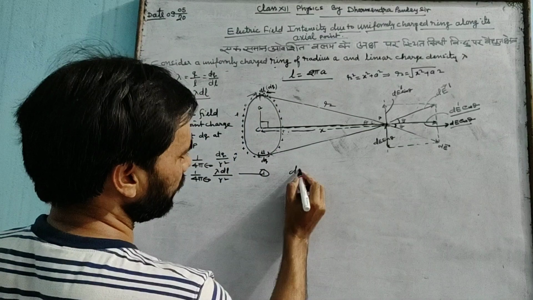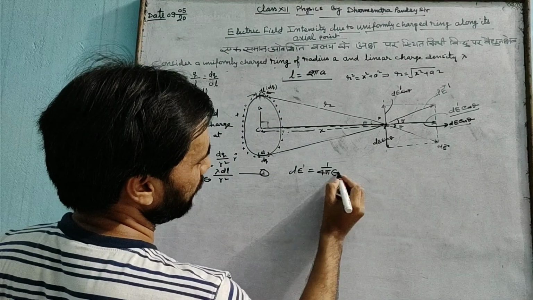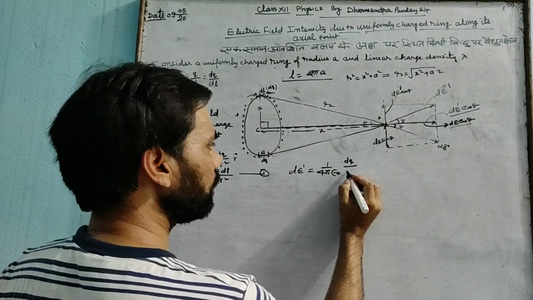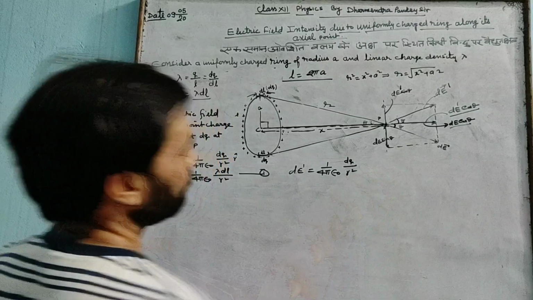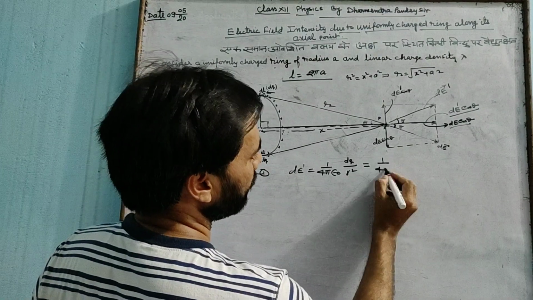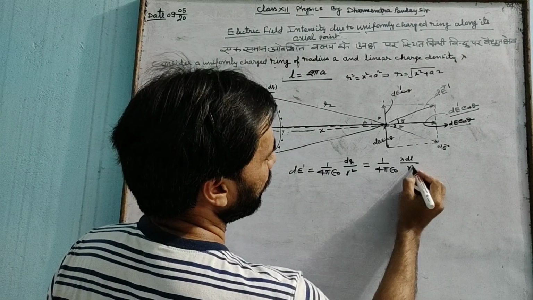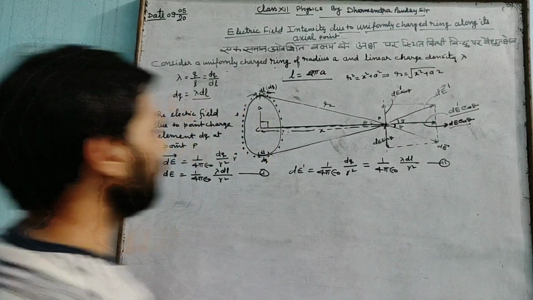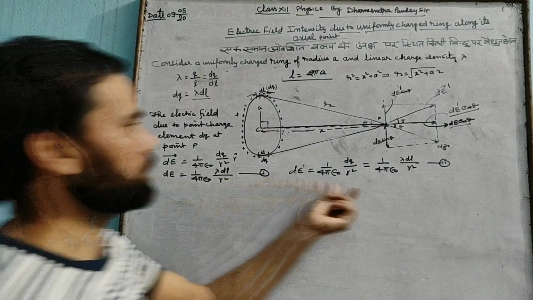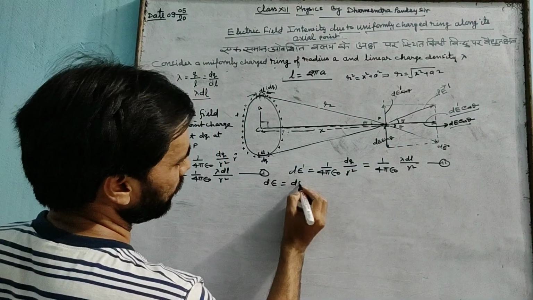So dE dash is equal to 1 upon 4 pi epsilon 0 dq upon r squared, and this can also be written as 1 upon 4 pi epsilon 0 lambda dl upon r squared. If we look at these two equations, both are equal in magnitude, that is dE is equal to dE dash.